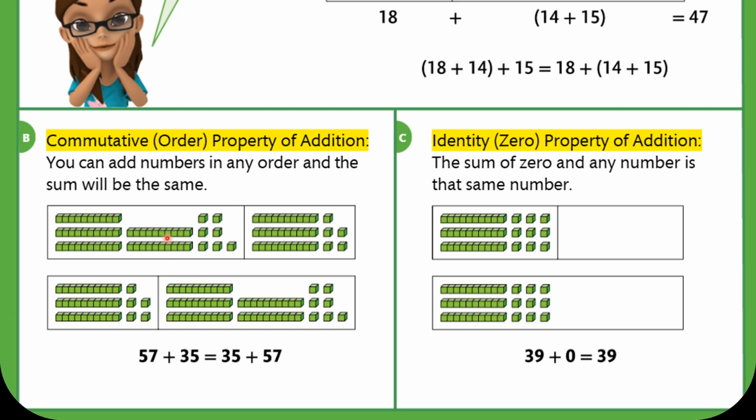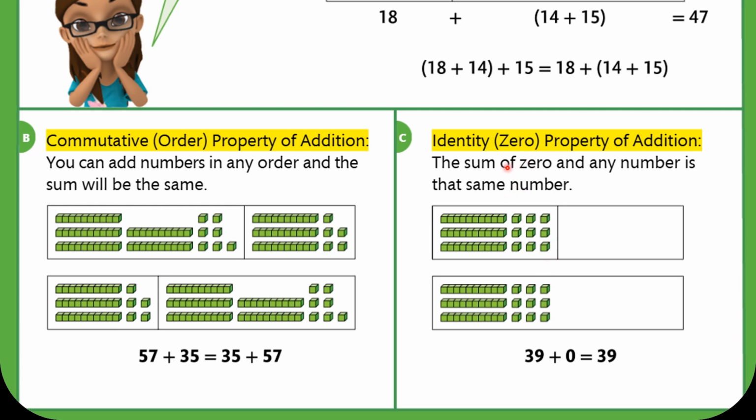And you can see that right there. We've got 10, 20, 30, 40, 50, 1, 2, 3, 4, 5, 6, 7, 57, plus 10, 20, 30, 1, 2, 3, 4, 5, so 35. 35 over here, 57 over here. We have the same amount of things. So you can add numbers in any order and the sum will be the same.